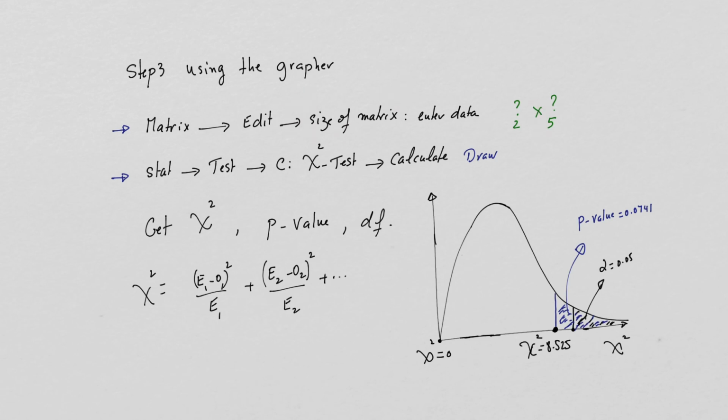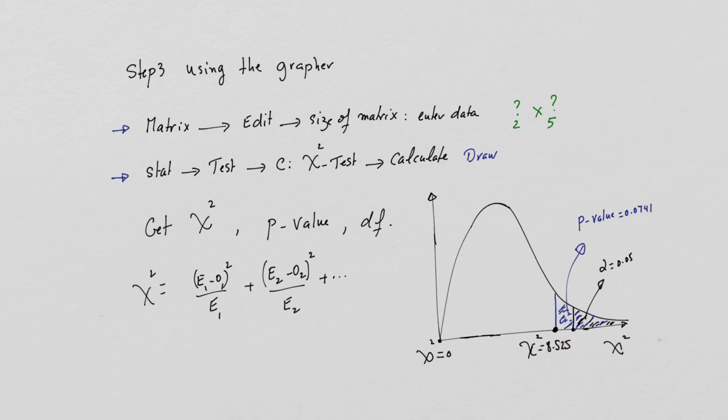And after that, you go to stats, you go to tests, and there are many chi-square tests there. You go to letter C, which is the chi-square test. You click on calculate. Don't look at the blue. You click on calculate, and you get all of them. You'll get the chi-squared value, which is 8.525.